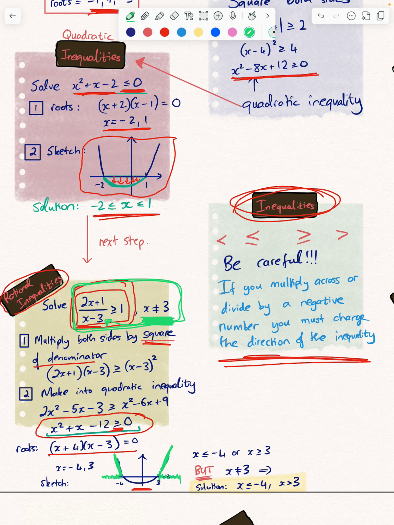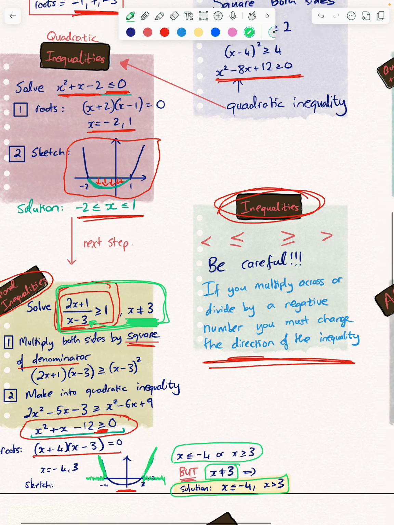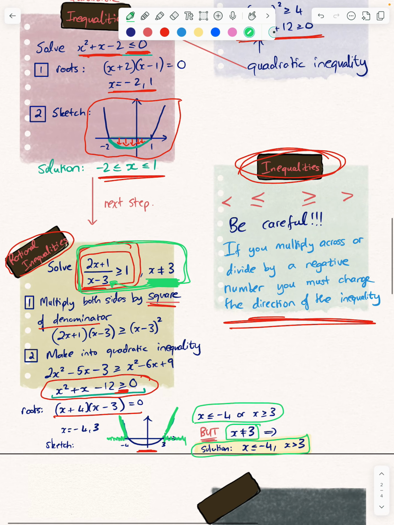So 3, that value will always appear as an endpoint of your interval in your solution. So in that instance there, you need to get rid of x equal to 3, and your solution is x less than or equal to minus 4 or x strictly greater than 3. So just watch out for that. That value that x cannot equal should end up as an endpoint of your interval, and you need to get rid of it.